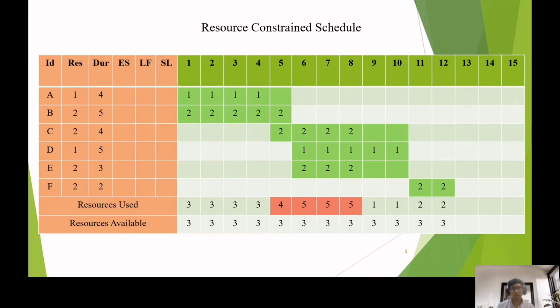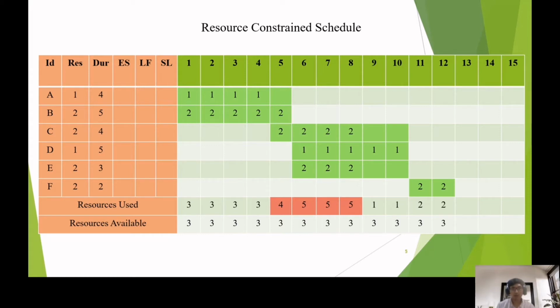As you can see, activity A only takes a duration of 4 days. Activity B takes 5 days. Activity C requires 4 days or so. Activity D requires 5 days, E requires 3 days, and F requires 2 days.